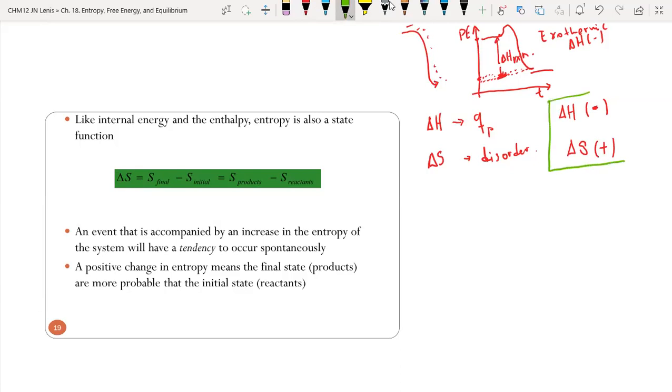You need to remember to make predictions about spontaneity of chemical reactions. Most chemical reactions that occur spontaneously are exothermic reactions. I'm not saying that endothermic reactions will not happen. They happen, but at the expense of entropy.